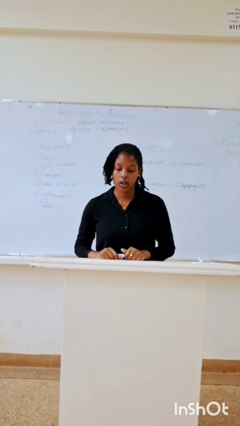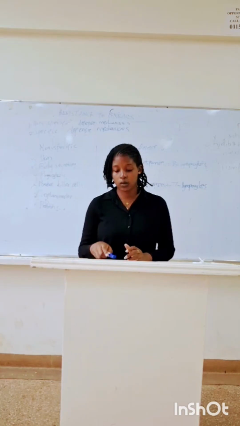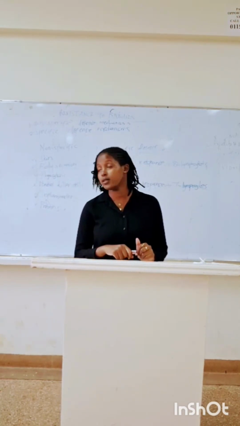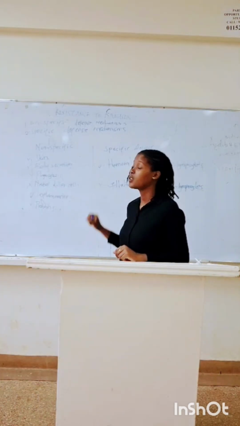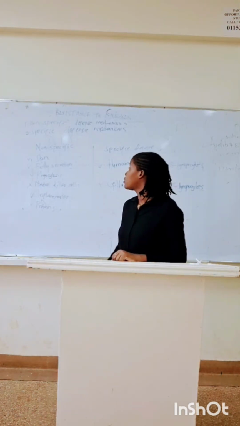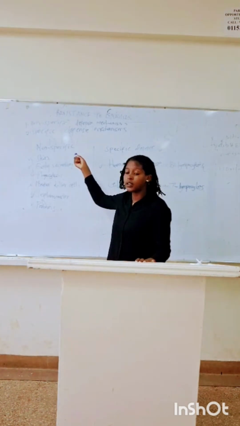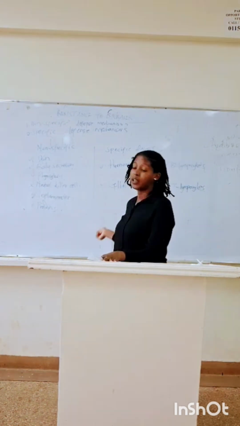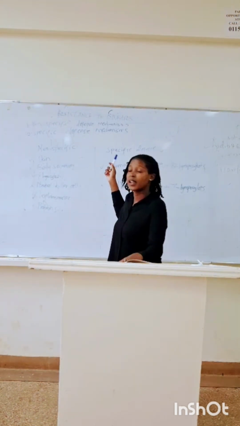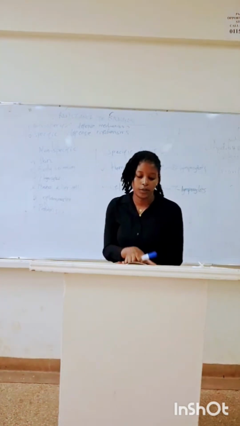The body's defense system comprises two components. We have the non-specific and specific defense mechanisms. The non-specific is also called innate immunity, while the specific one is called acquired or adaptive immunity.